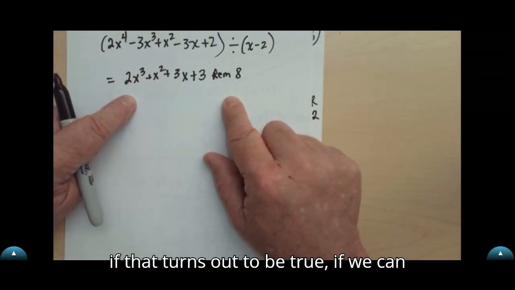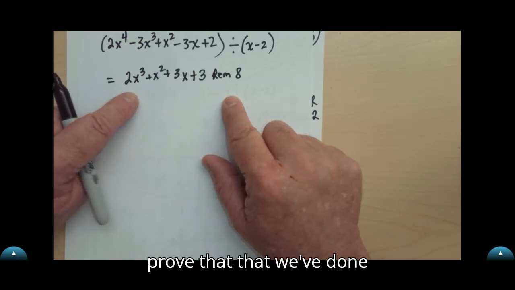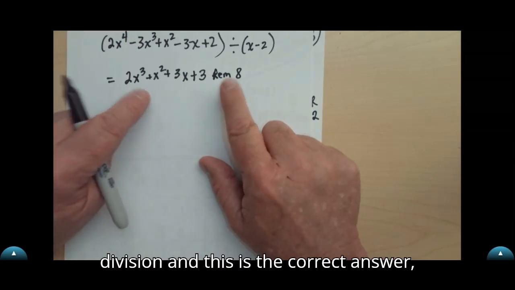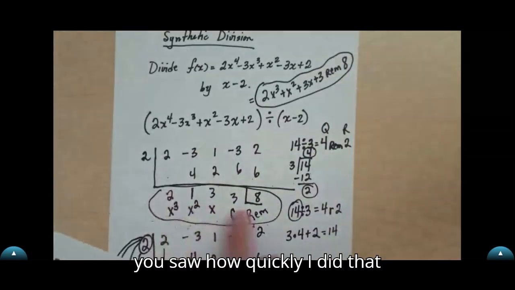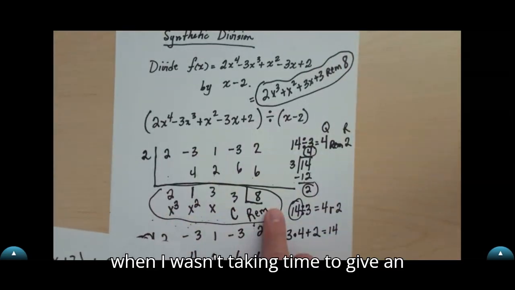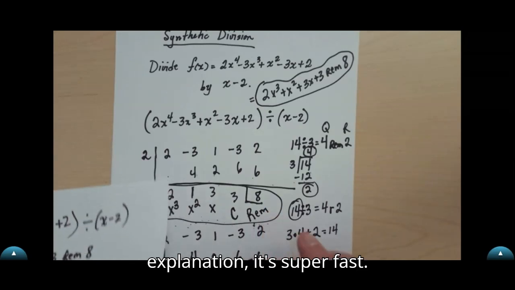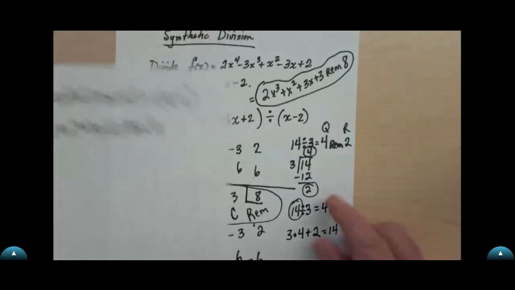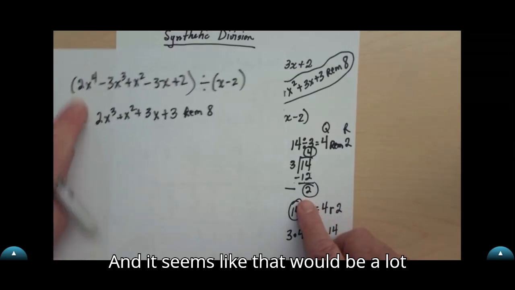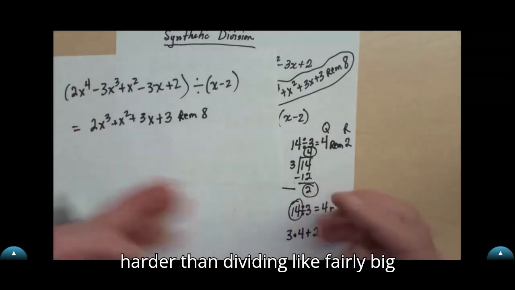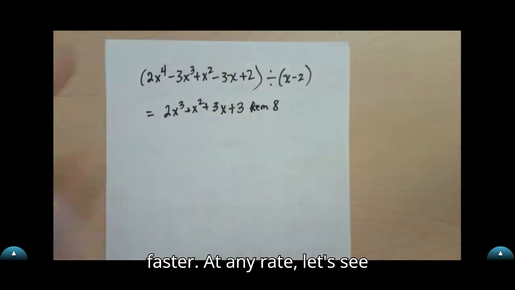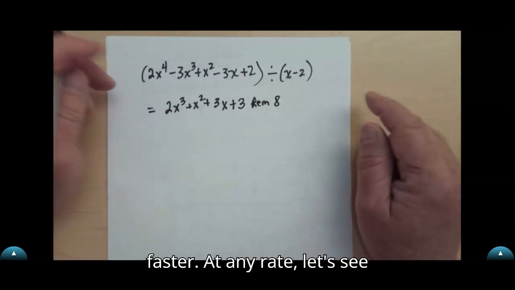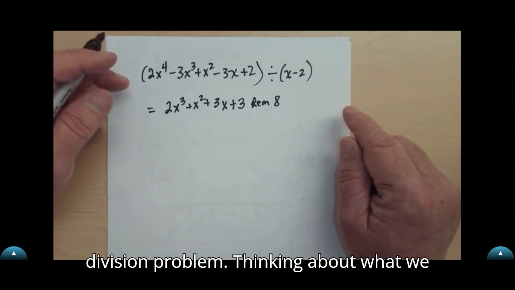And if we can prove that we've done division and this is the correct answer, you saw how quickly I did that when I wasn't taking time to give an explanation. It's super fast. It seems like that would be a lot harder than dividing fairly big numbers, but it turns out it's way faster. At any rate, let's see if we can show that we've really done a division problem.